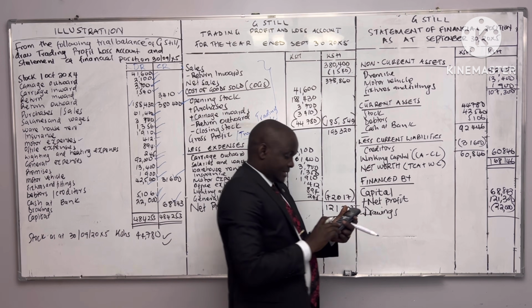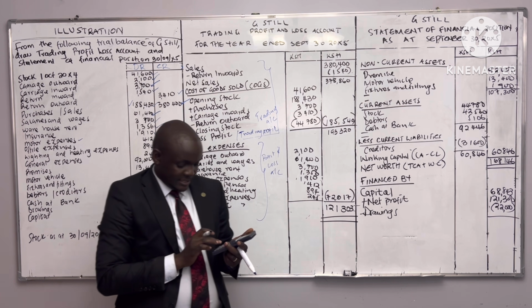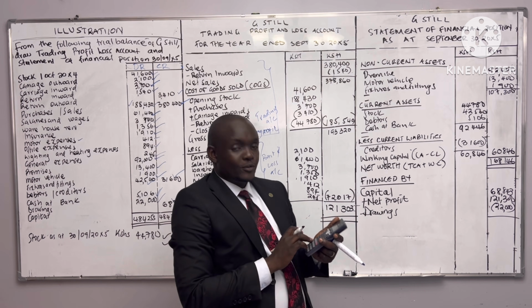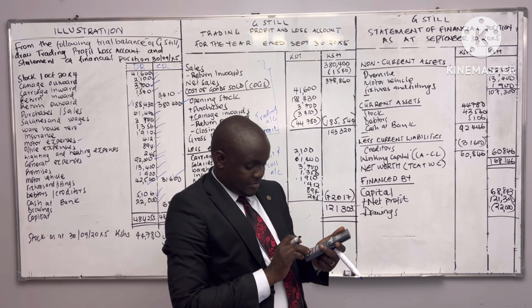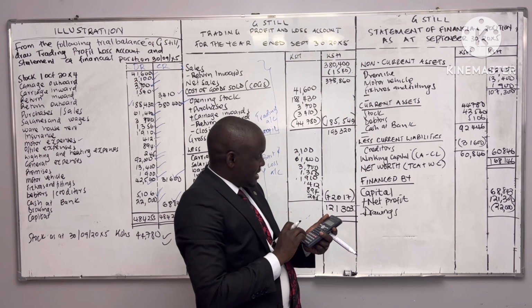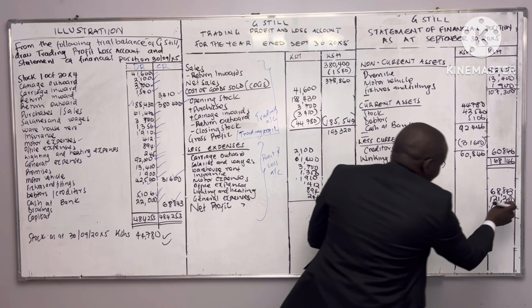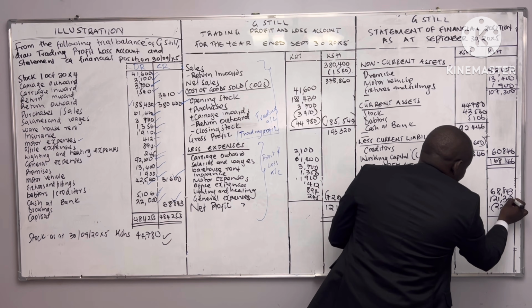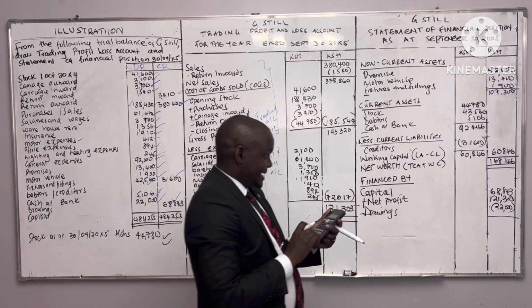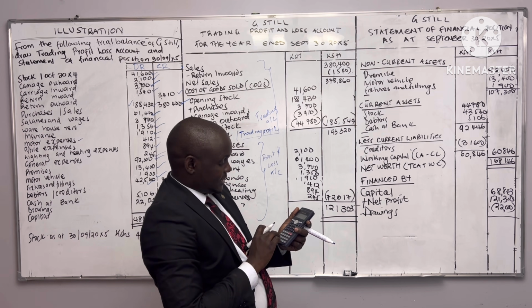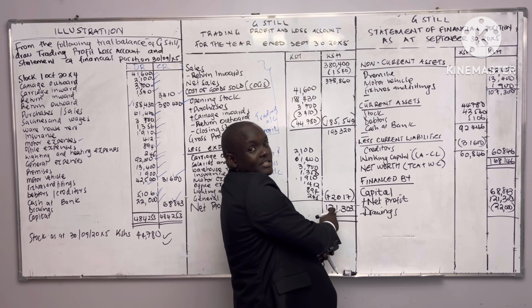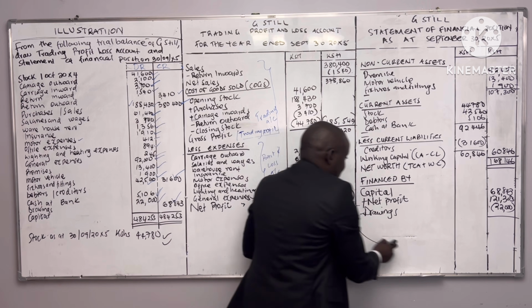So let's get that calculation. We have 68,843 plus 121,303, then minus 22,000. The 121,303 is the net profit. This is what you take here.